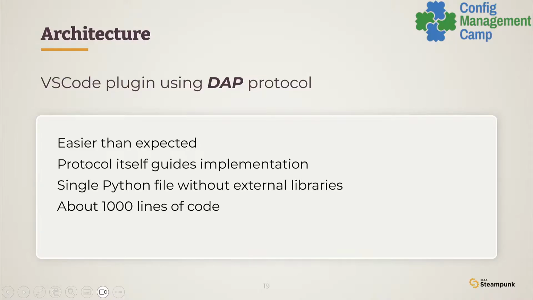The protocol helped me, and during the project we found out that if you have multiple Python files, it's always a problem with the Python path and things like that. So it's easiest to just use a single file, and it's also not such a complex task that you cannot implement everything by yourself.